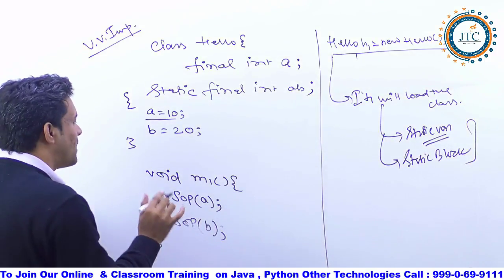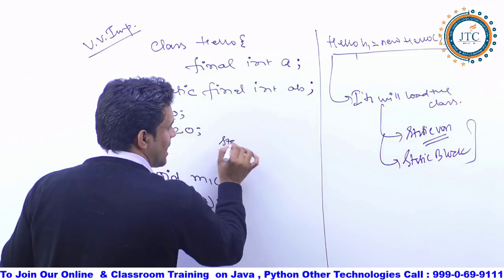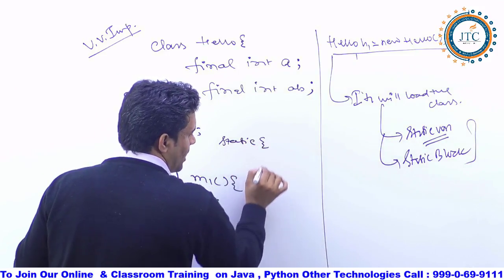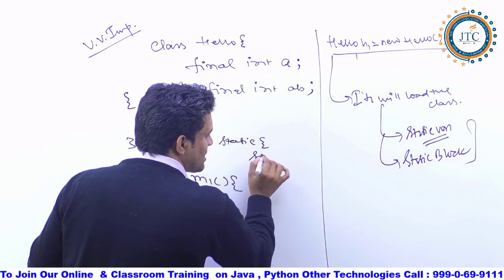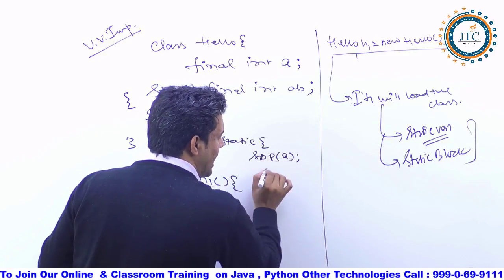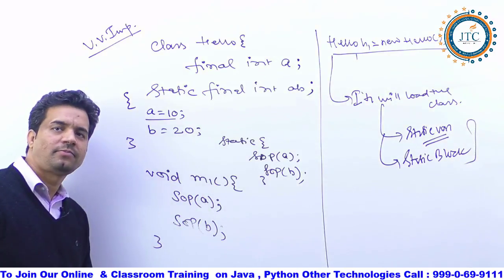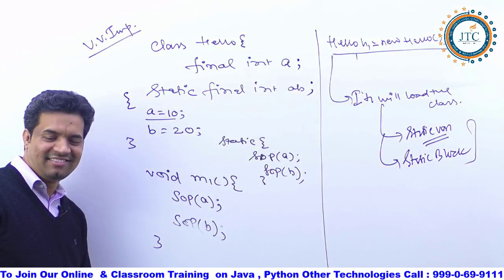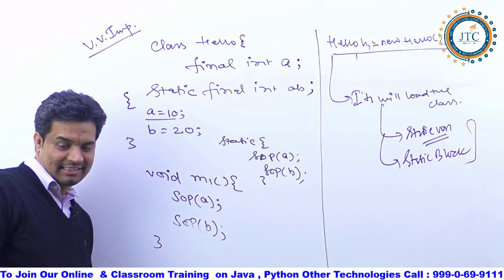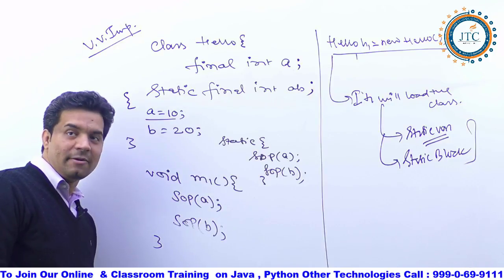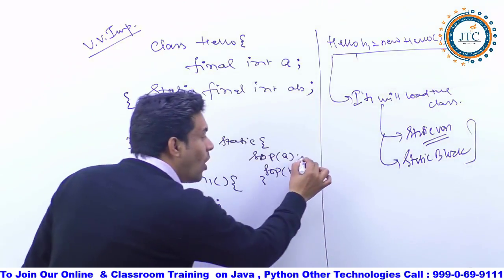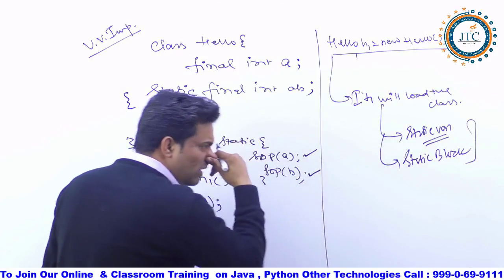And now in case, suppose, let's do one imagination. Here, if I have one more static block, and in this case I am printing A and B, if I am printing here A and B, what value of A and B are you going to get?